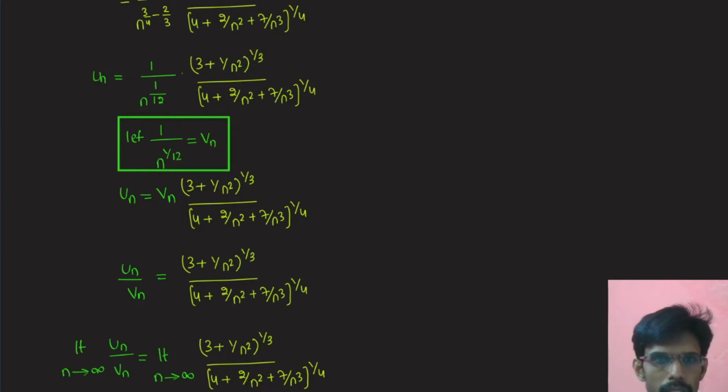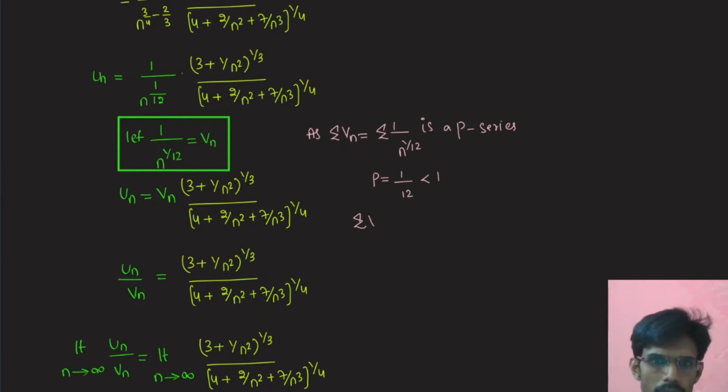Sigma Vn value is sigma 1 by n power of 1 by 12, which is a P series with P value as 1 by 12. 1 by 12 is less than 1, so P less than 1 means sigma Vn is divergent.